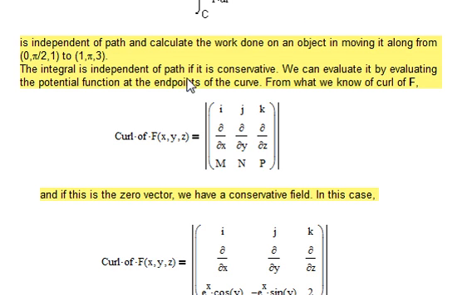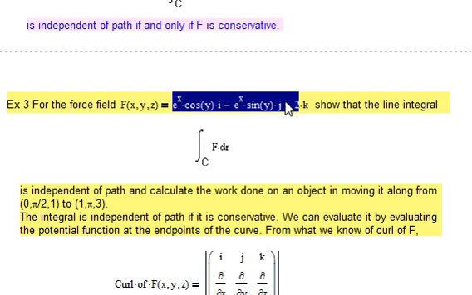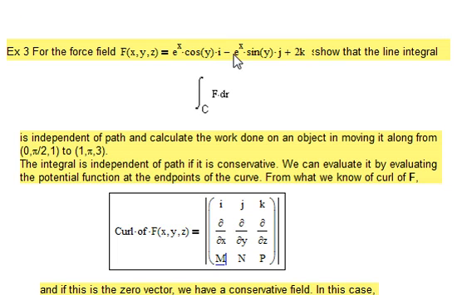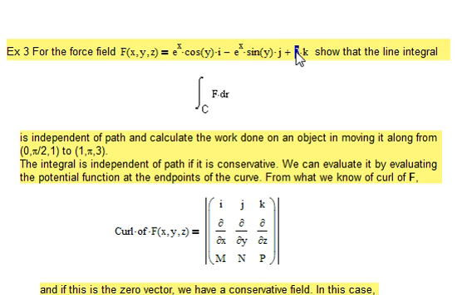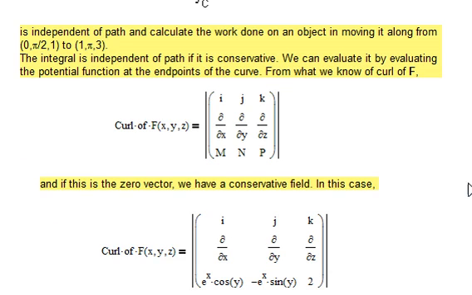And in our particular function here, it's this, right? So this is going to fill in down here for our m, and this will fill in for our n, and this will fill in for our p. And if this is a zero vector, then we have a conservative vector field.